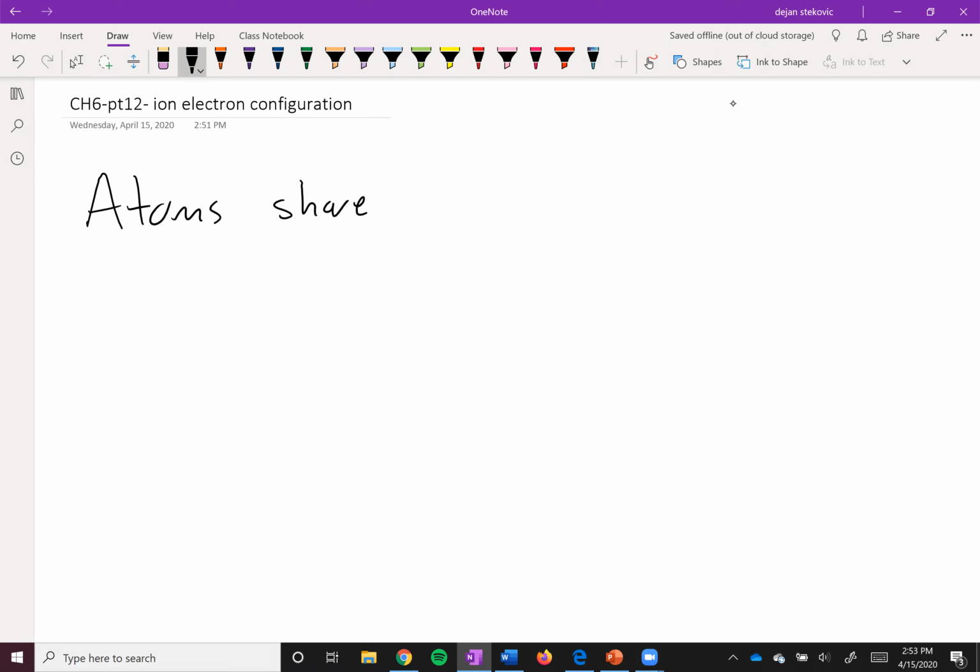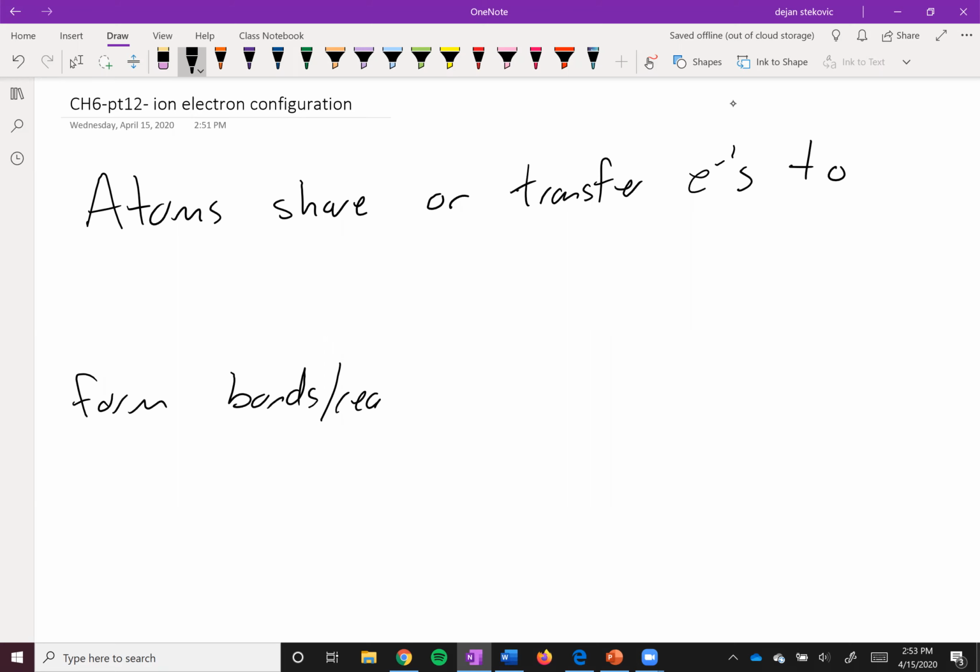So let's think back to the beginning of the class when we said that atoms share or exchange, what we'll say transfer, electrons to form bonds or react. That's what chemistry is all about. In chemical reactions, we just exchange electrons.